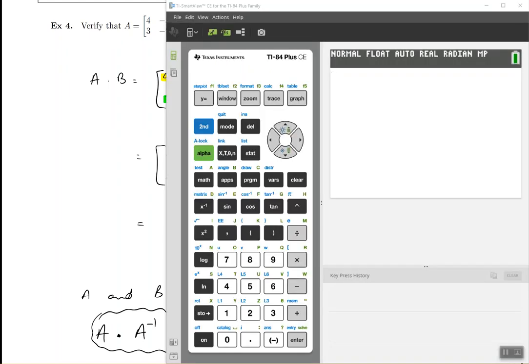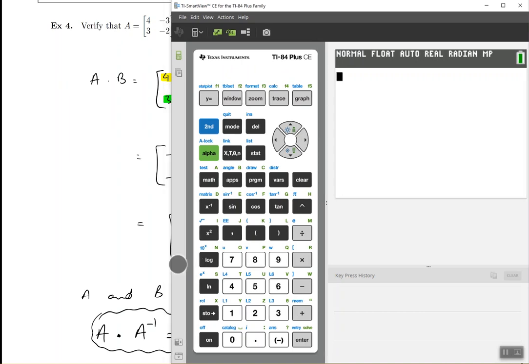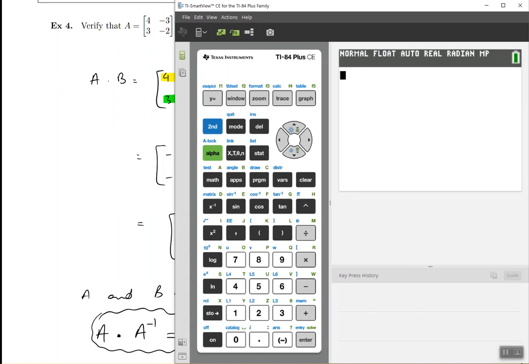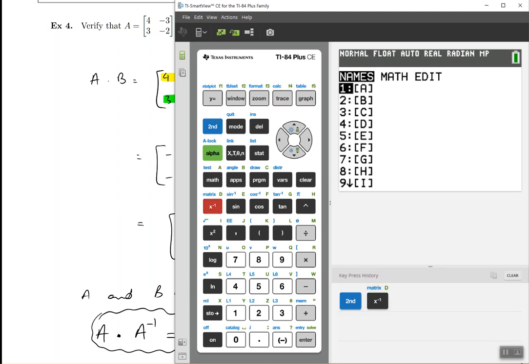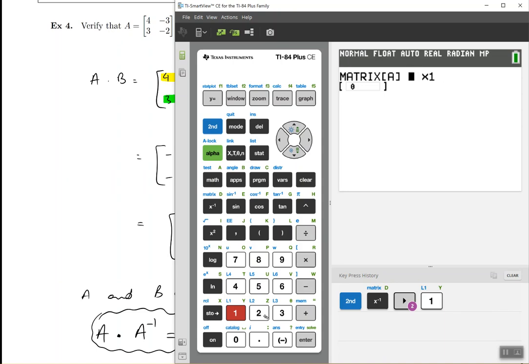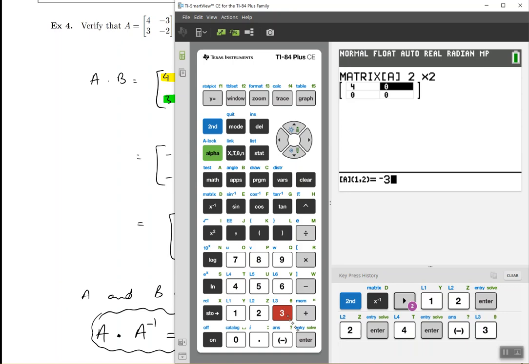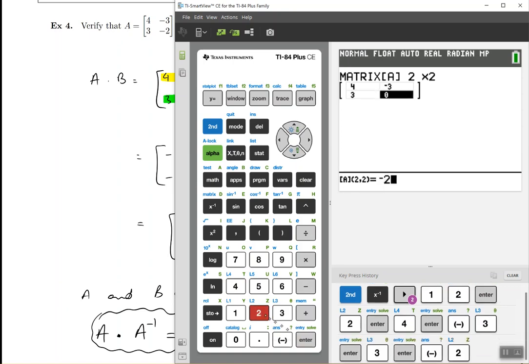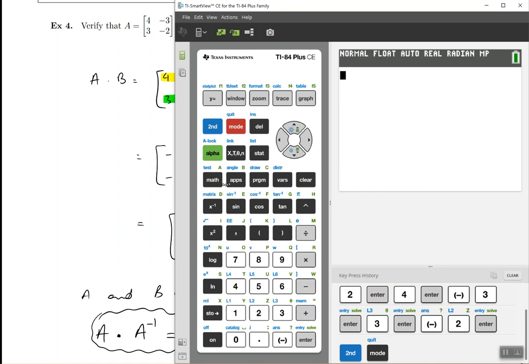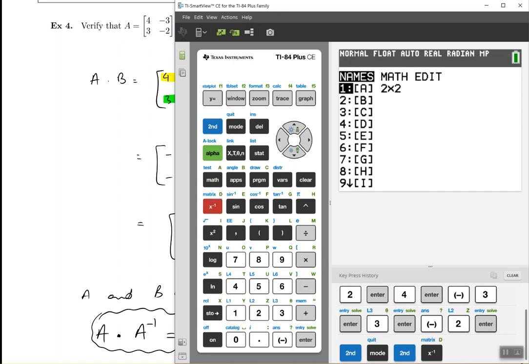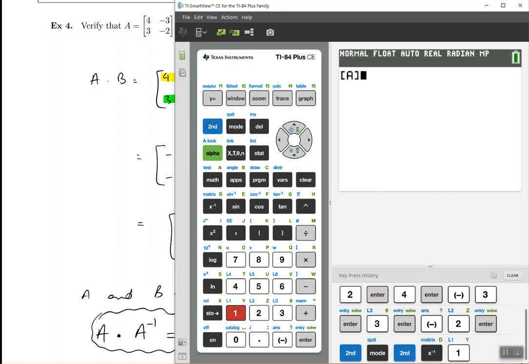So suppose I wanted the inverse of the matrix A that was in this problem. How can I go about finding the inverse on the calculator? Well, first of all, I'm going to go into the second matrix menu and then again edit to put the data in for the matrix A. The matrix A is a 2 by 2, so I'm going to type those numbers in first. Once I'm finished, I'm just going to leave the matrix menu and type in second matrix, colon A, and then just type the -1.